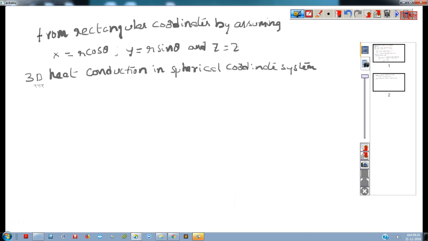In the third case, I'll derive this equation.